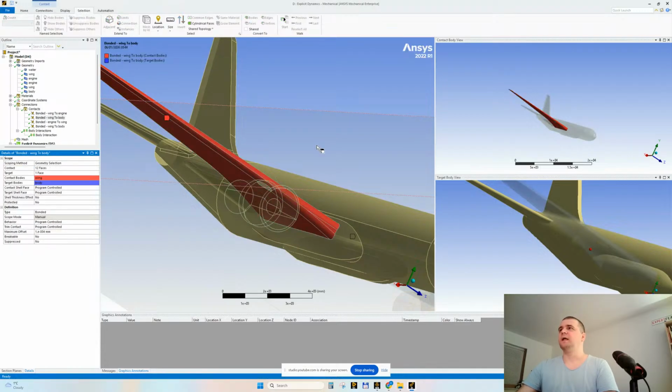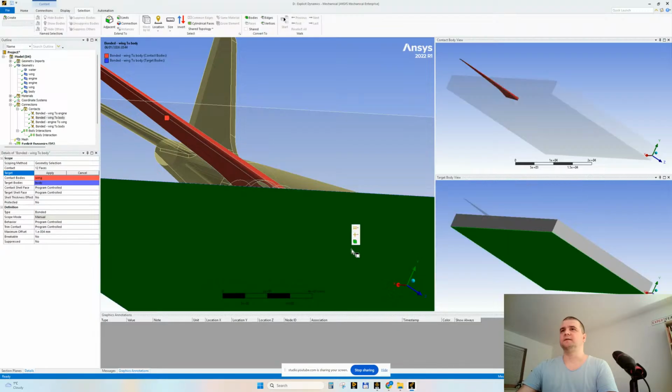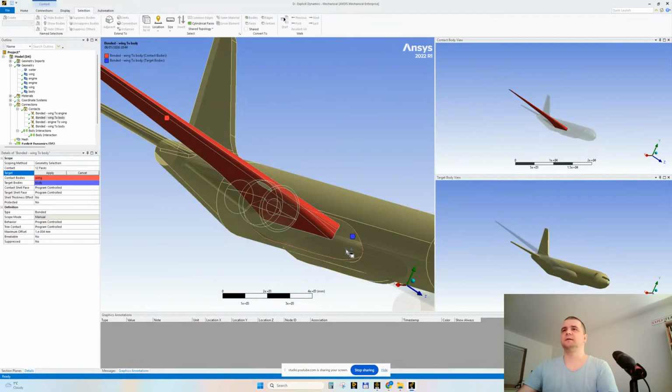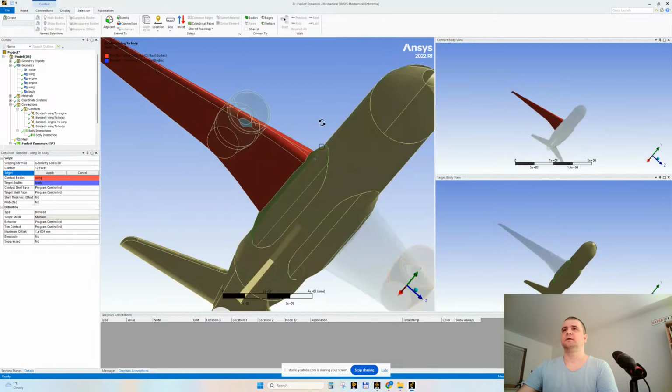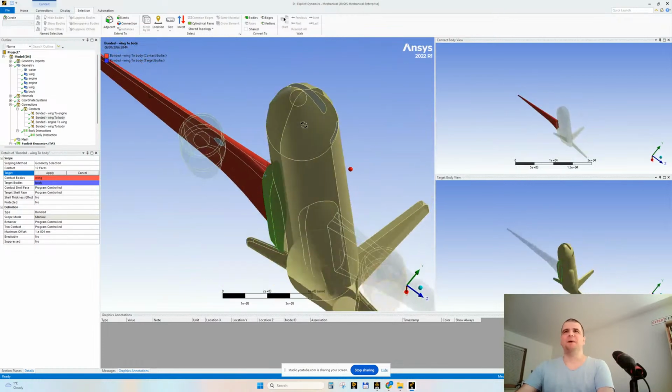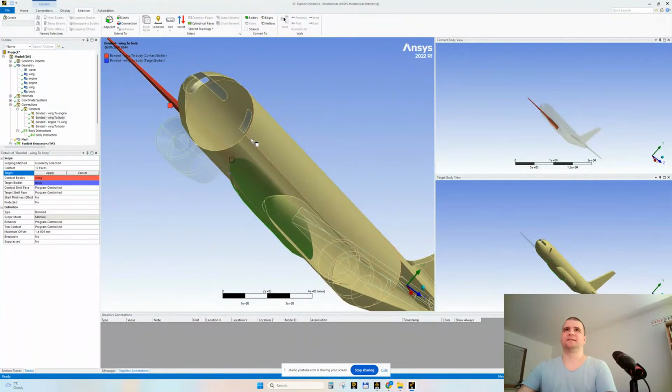Limits. And there is here, on the airplane side, let's click this face, hide body. Let's click this face, all right? Come on. It selects it, but on the inside.